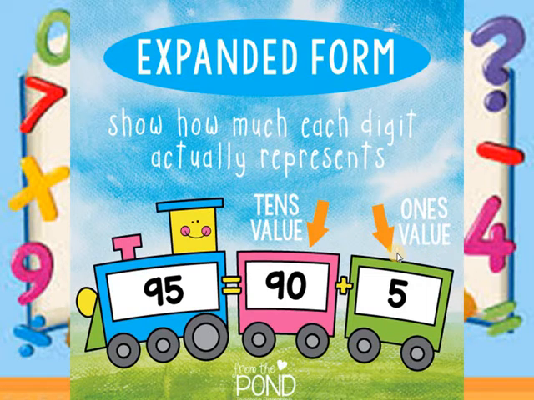Ones value and tens value we are going to learn in this expanded form. That means you are going to break a double digit number into tens and ones. You will write the tens value and the ones value of whichever number is given to you.